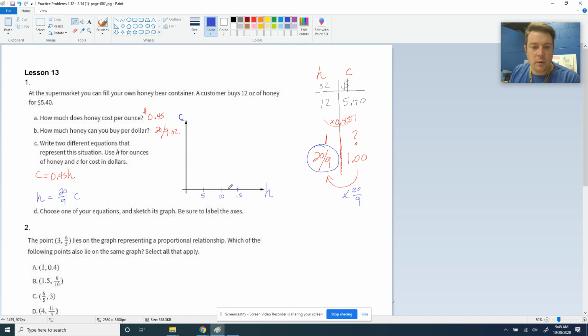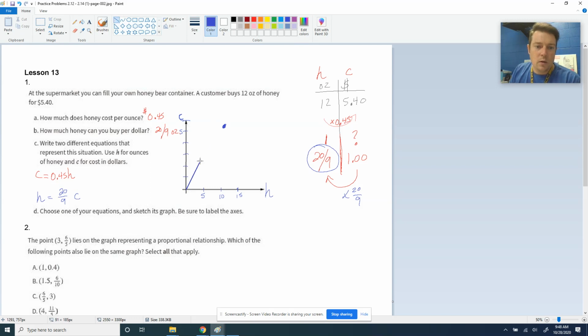So 12 would be right here. And then let's do money over here. Let's go by dollars. So $1, $2, $3, $4, $5, $6. So if this is $5, 12, 5.40 would be right about here. Close enough for me.